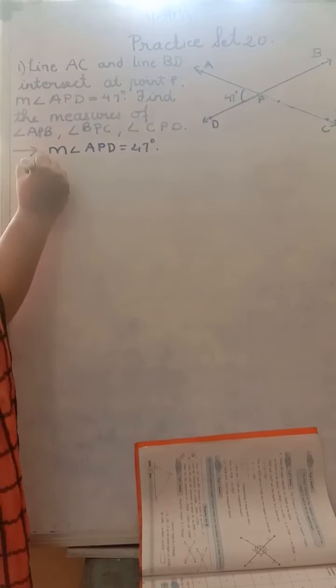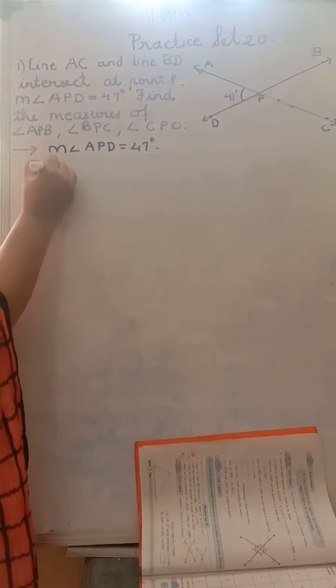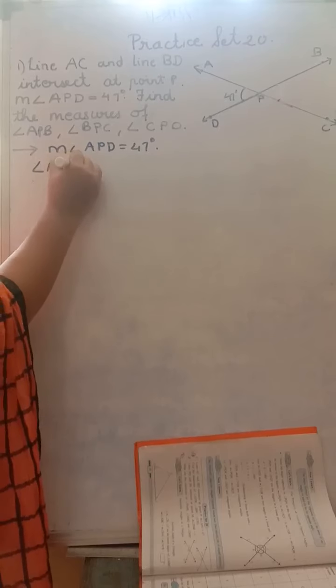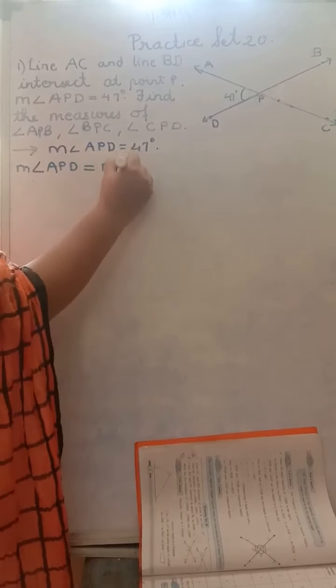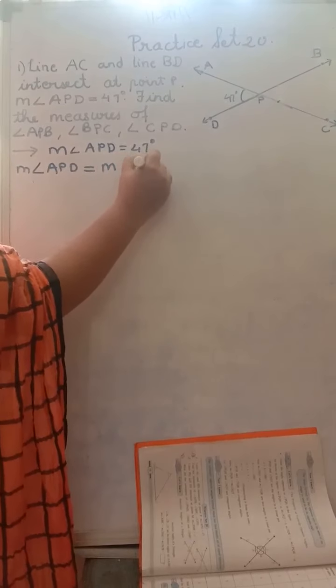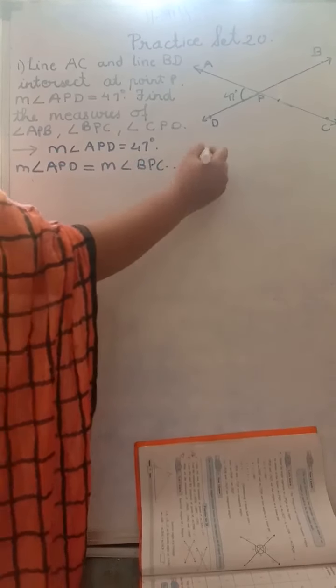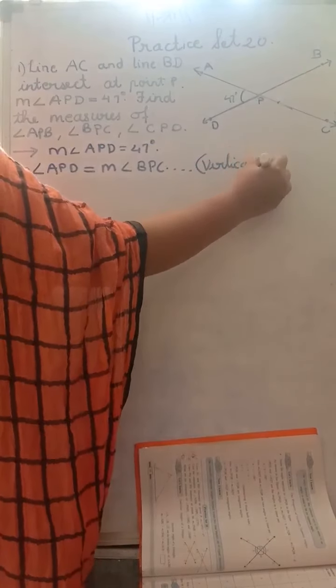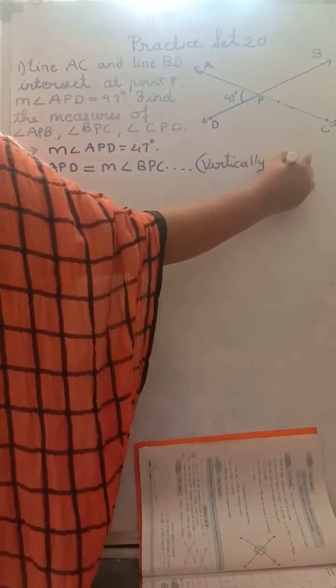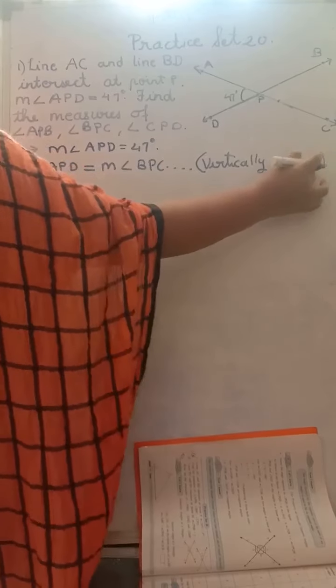So we can write measure angle APD equals measure angle BPC. It is because of the property of vertically opposite angles. You write the full form.